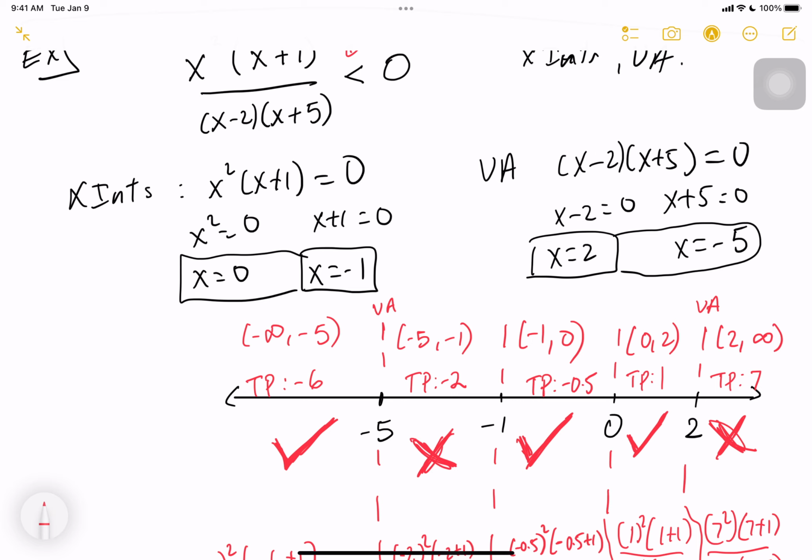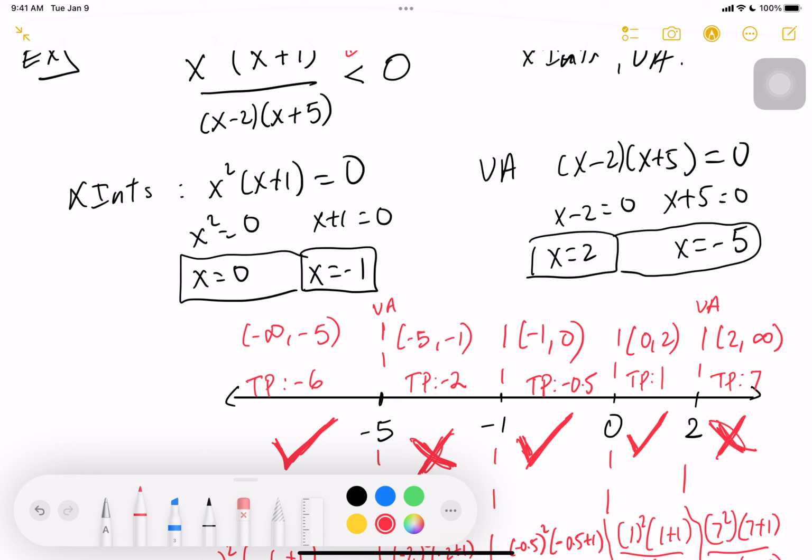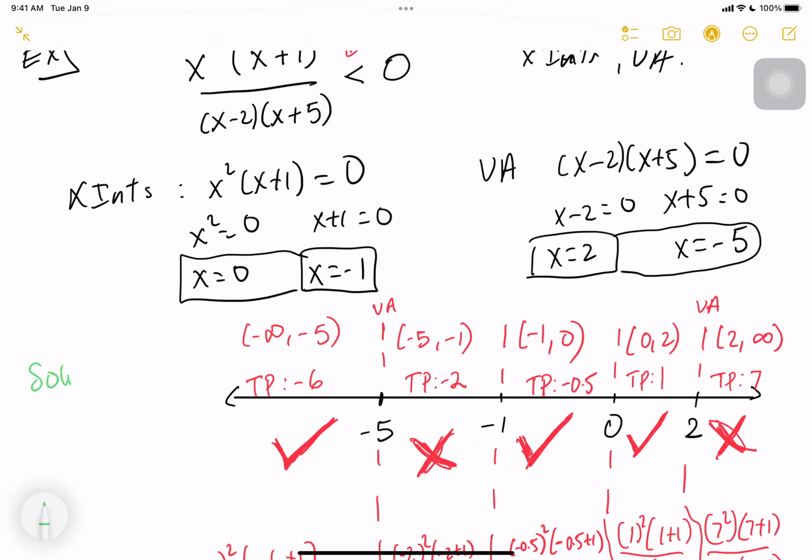Vertical asymptotes and infinities are always parentheses. Anyways, my solution to my problem will be all the check marks. So open circle, open circle, open circle, open circle, open circle, open circle. So -infinity to -5 union -1 to 0 union 0 to 2.